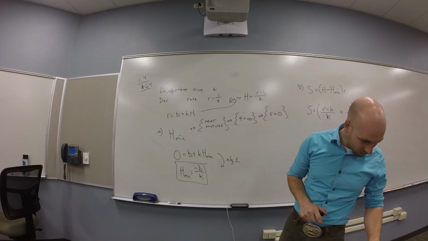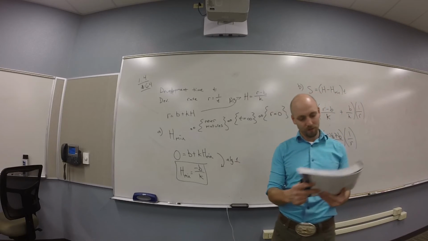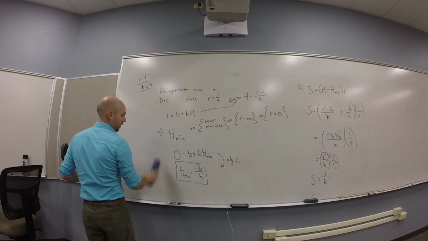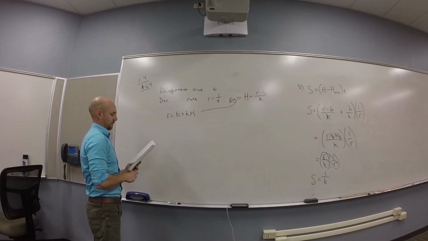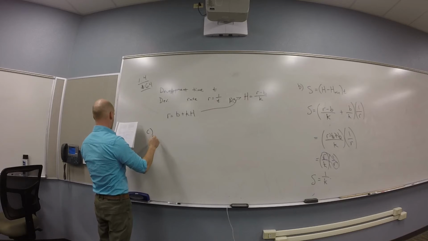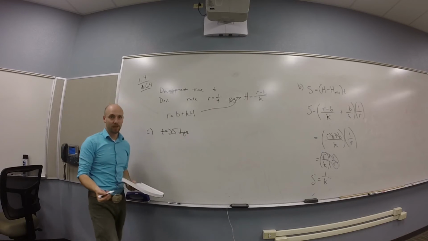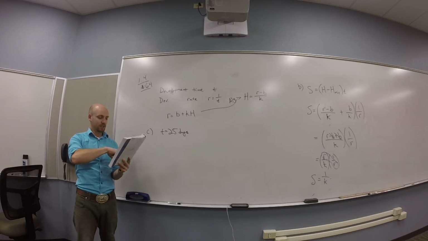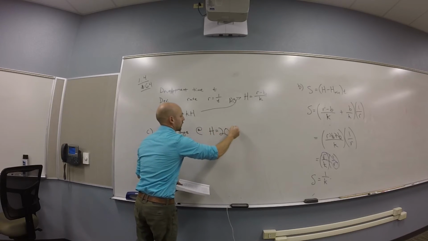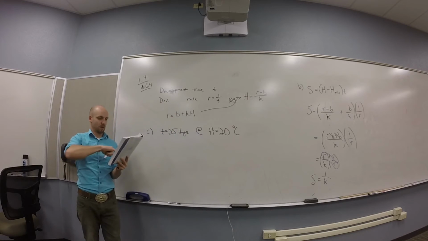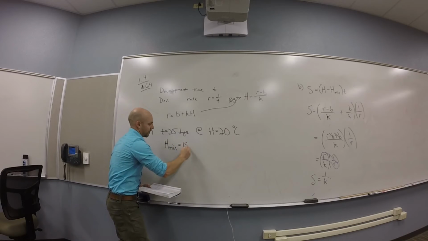All right, and then C says an organism requires T is 25 days to develop. Okay, so I've got a critter that takes 25 days to develop at a constant temperature of 20 degrees Celsius, and has an H min of 15 degrees Celsius.